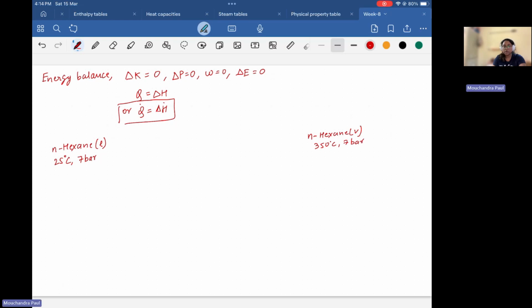So in order to understand how from liquid to vapor the phase change is happening, we have to find out what possible paths are there.